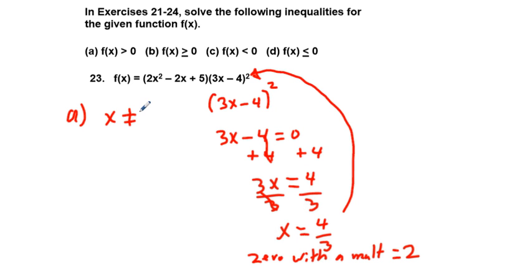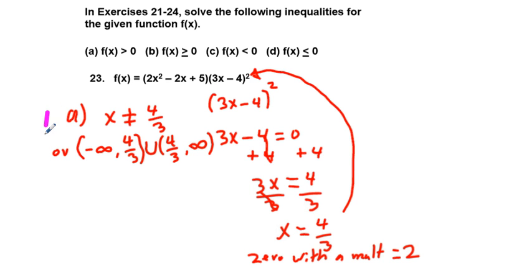So we can write this as x is not equal to 4/3, or I would prefer to write it this way: negative infinity, comma 4/3, union 4/3, comma infinity. So that would be our answer to A. We'll just box in A. It's not so visible right here with all the writing I've done.